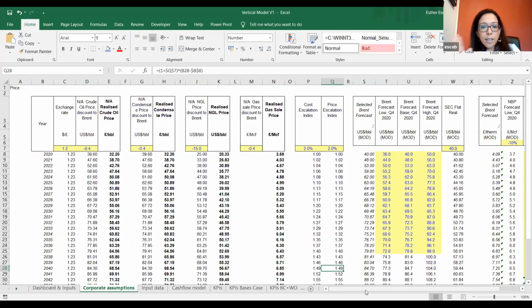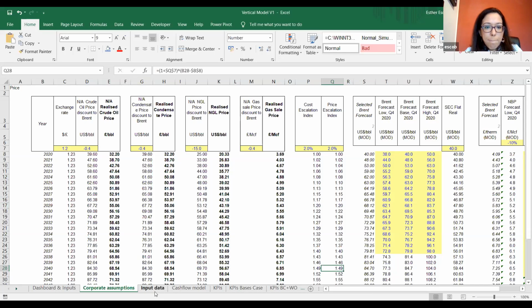So this is about the corporate assumptions, and as well, you can assume inflation or no inflation. It depends on the guidelines and how far you want to see the behavior of these assets.